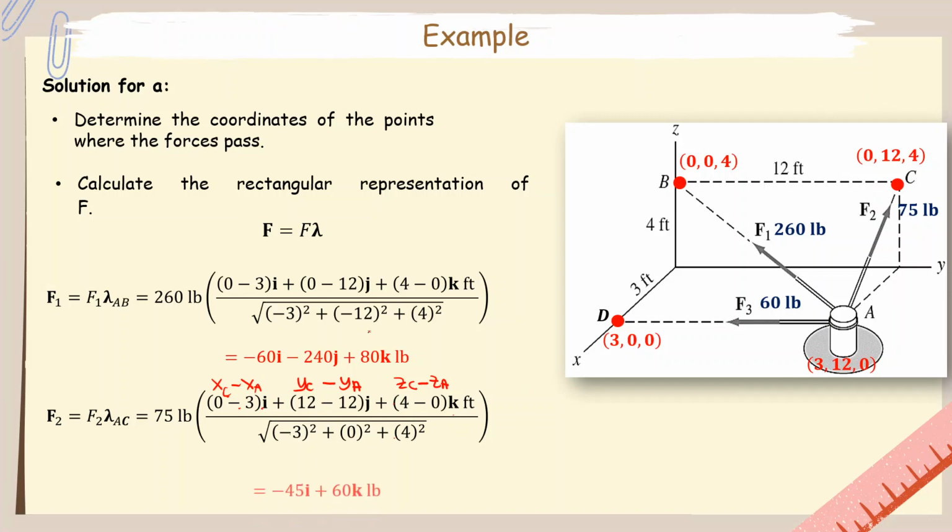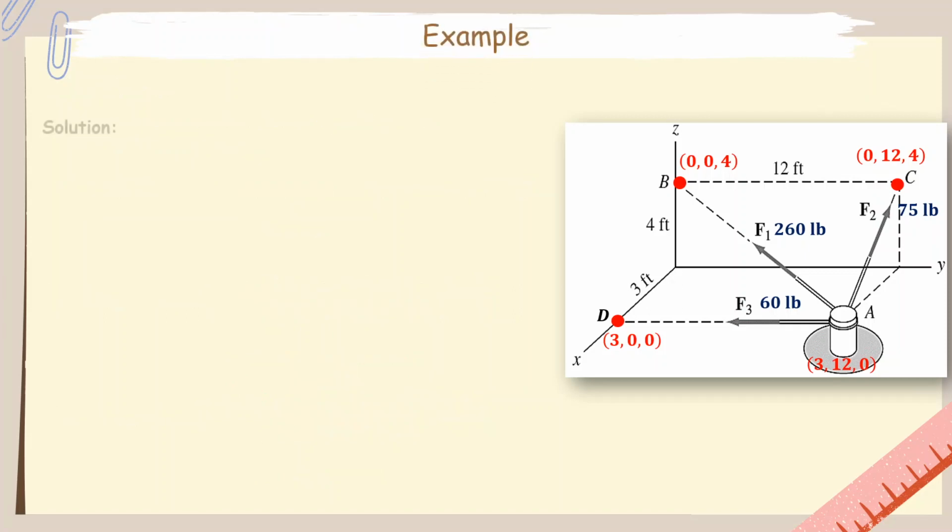And then, we can have the vector representation of F2 equal to negative 45I plus 60K. Alright, what's next? Ang F3 na naman.